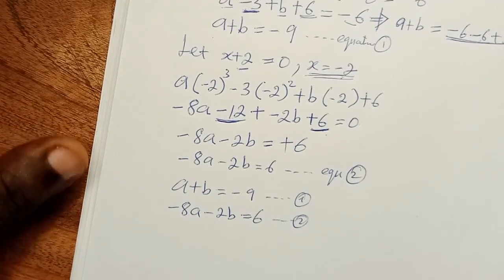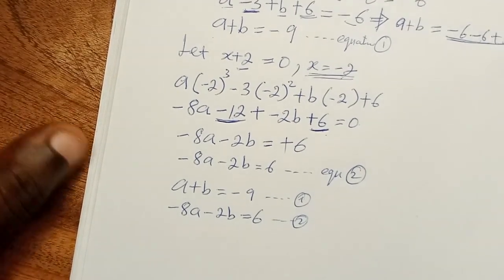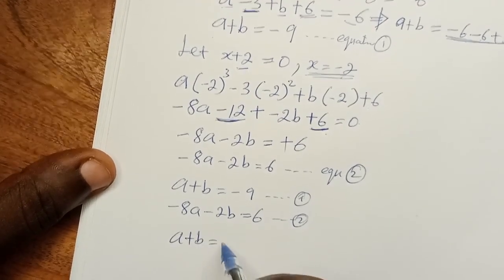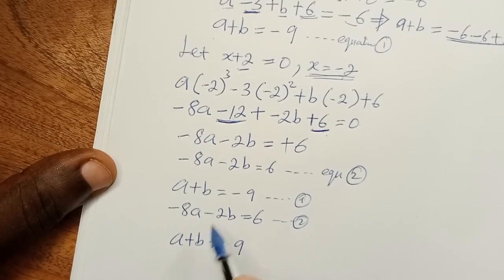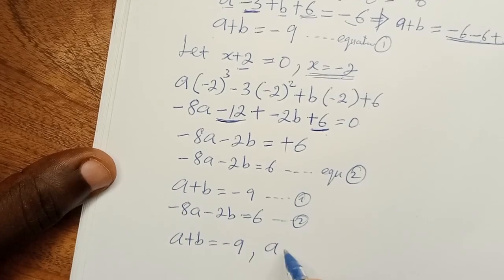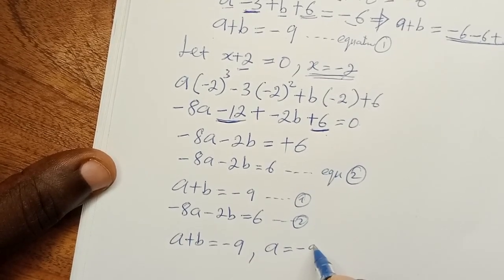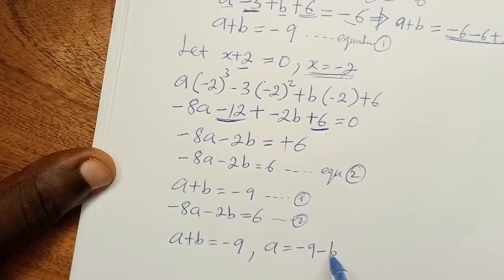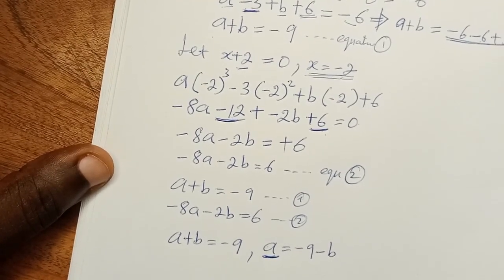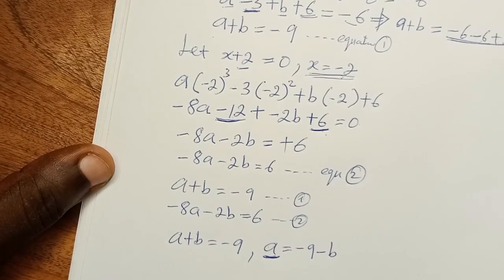I prefer to choose equation 1: a plus b is equal to minus 9, as you can see here. Then a will be equal to minus 9 minus b. I prefer to make a stand alone in this expression. Making either a or b alone, we can equate that in the next equation to get the value.